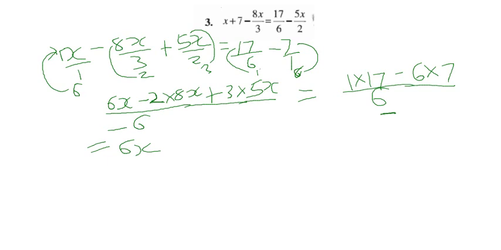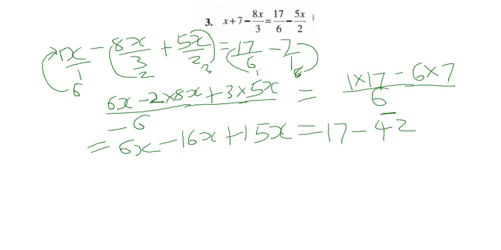So that's why we can write 6x minus 8 times 2 is 16x plus 5 times 3 is equal to 15x. And on the right side, 17 minus 7 times 6 is 42. So now I'm not putting the 6 under anymore because we are cancelling on both sides.